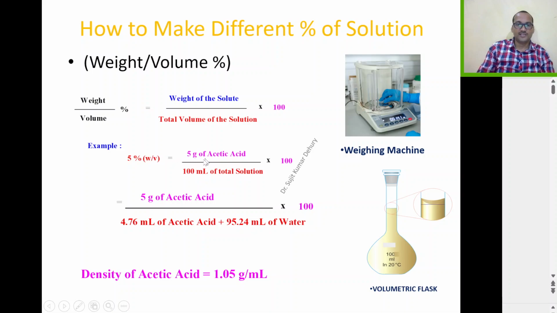Since we have taken 5 gram of acetic acid and we know the density of acetic acid is 1.05 gram per ml, we can calculate the volume by using the rho equals m by v relationship. It comes to be 4.76 ml of acetic acid. Then you need to add only 95.24 ml of water, so that the total volume of the solution is 100 ml. In that way we get 5% weight by volume solution.